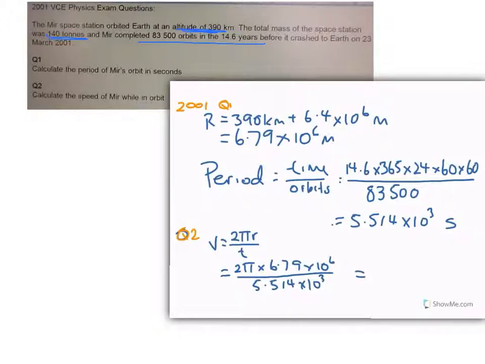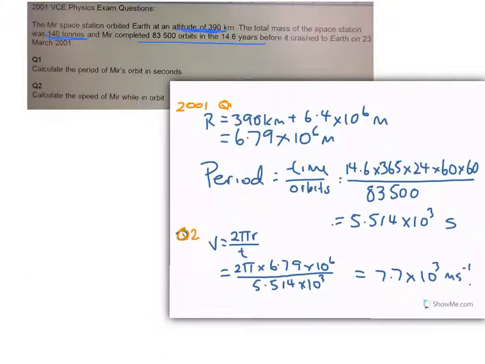Plug that into your calculator, and that should give you an answer of 7.7 by 10 to the 3 metres per second. And that's how you would do question 1 and 2 from the 2001 paper.